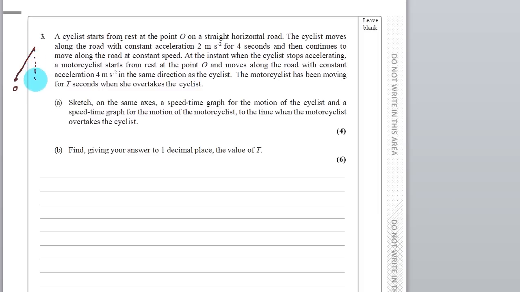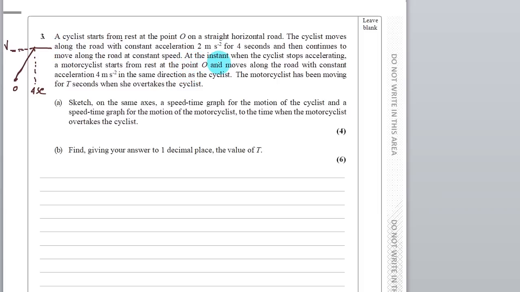So T here is 4 seconds, and we can calculate v. Then he continues to move along the road with constant speed, so he goes straight.